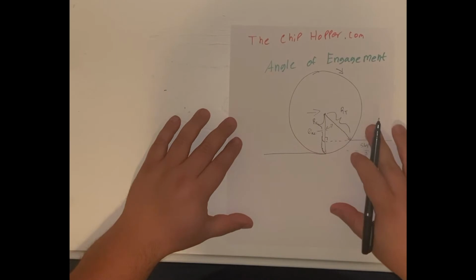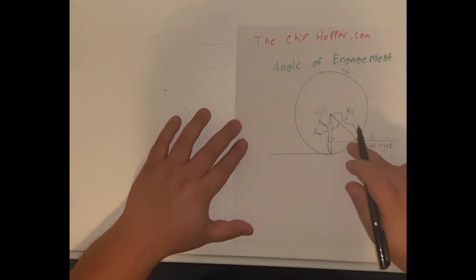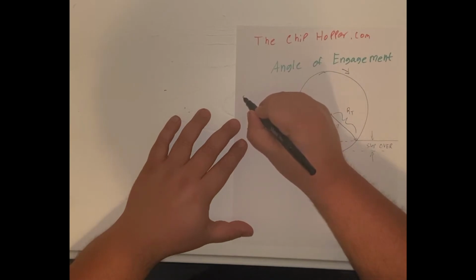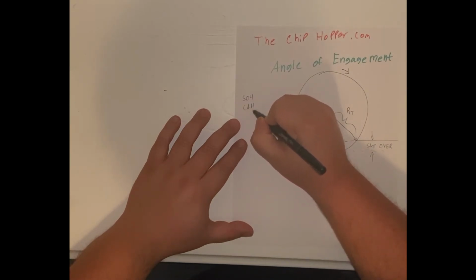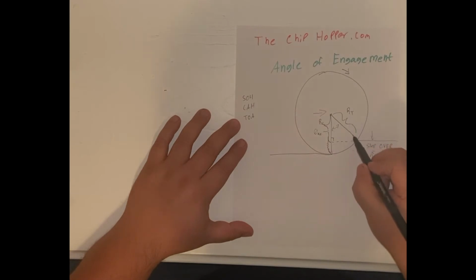So we're going to start with defining theta AE, the angle of engagement. If you remember the mnemonic from trigonometry, TOA. We know the radius of the tool here.